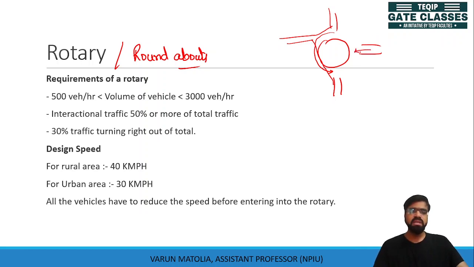There is merging of traffic into the rotary and then diversion of traffic into the desired lane. In this type of arrangement, the left moving vehicles need not ride a lot, but the right moving vehicles have to move the complete circle or around 3/4 of the circle in order to reach their desired direction.